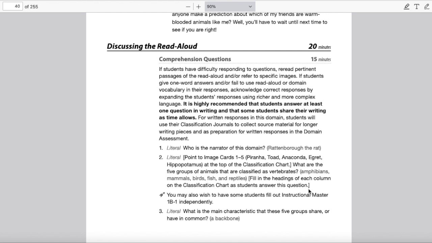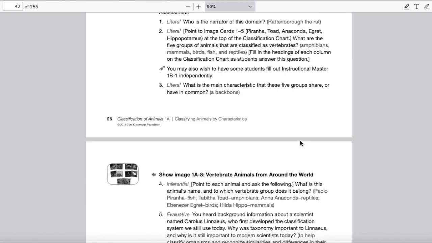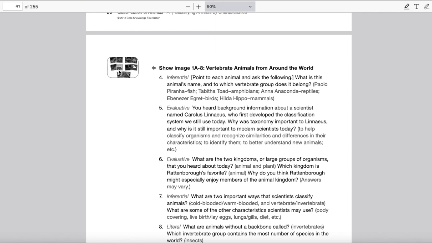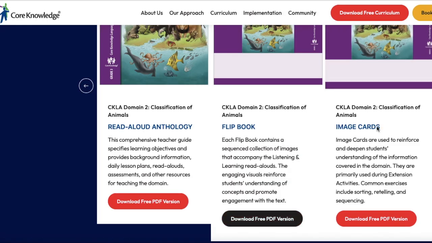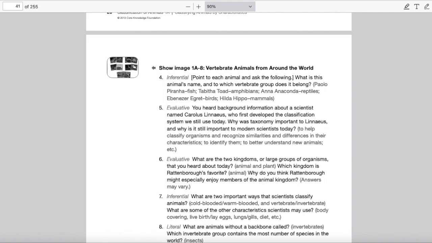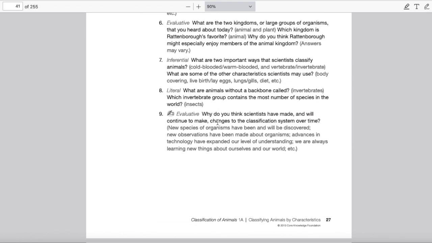We're talking about story elements in this as well as perspective. So different parts of language arts are being covered. You're getting different questions in here, which is really good. Again, you can refer to images in that image download if you prefer. I would just have them flip through the book sometimes if it's looking at a specific animal. And then, why do you think scientists have made and will continue to make changes to the classification system?